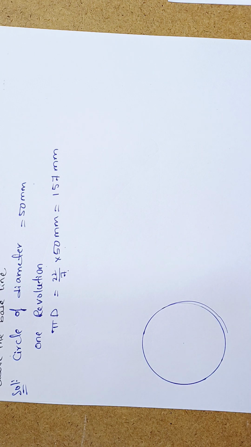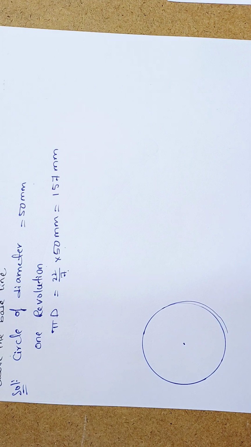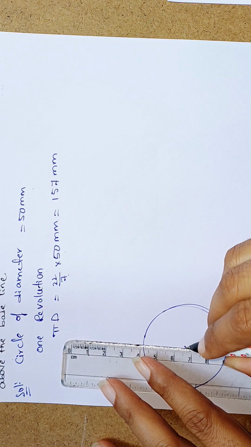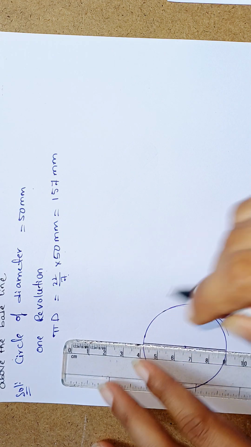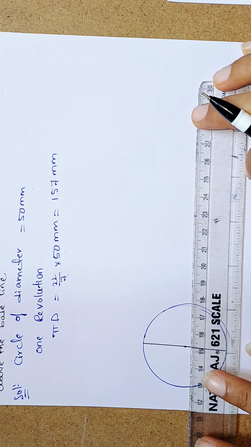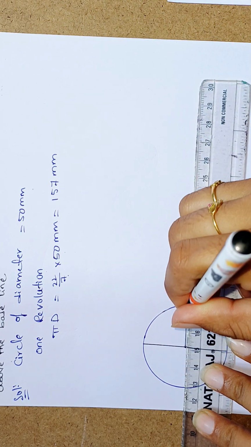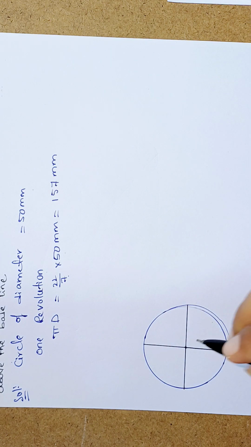This is the 25 mm radius, and this point is C naught, the center of the circle. Draw a horizontal line and a vertical line passing through the center.